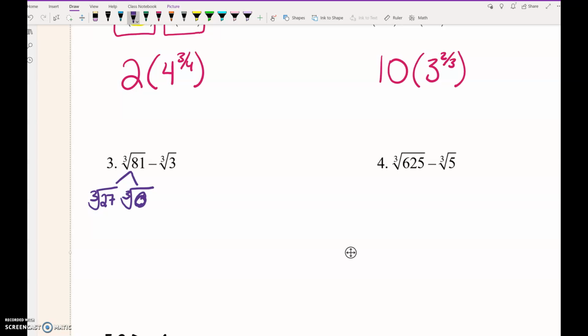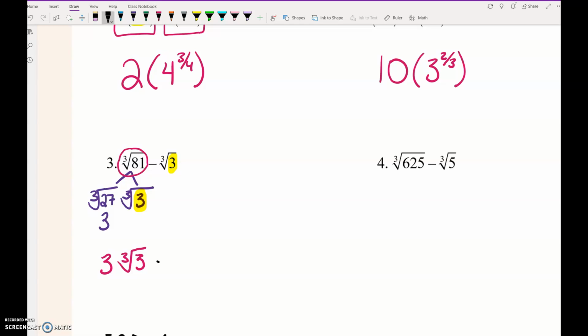This one, this cube root of 3, notice the other one says cube root of 3. Maybe that's a hint for how it's going to be simplified, possibly. The cube root of 27 is 3. So the cube root of 81 becomes 3 times the cube root of 3.